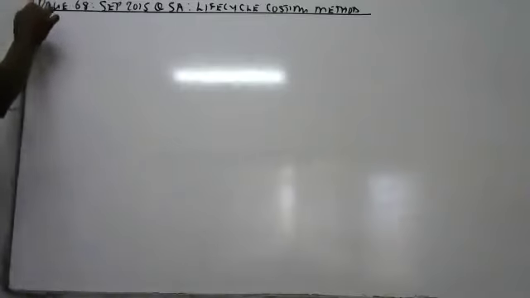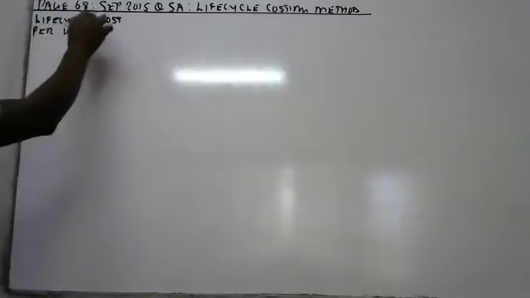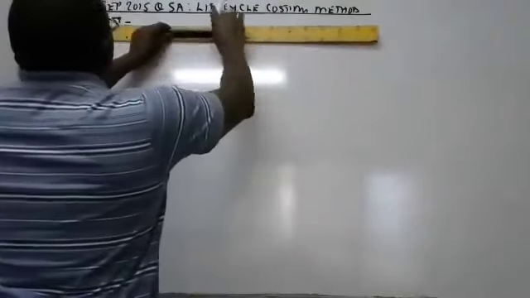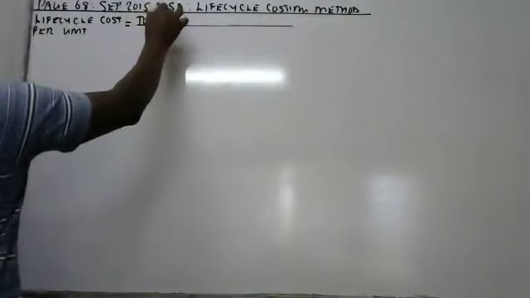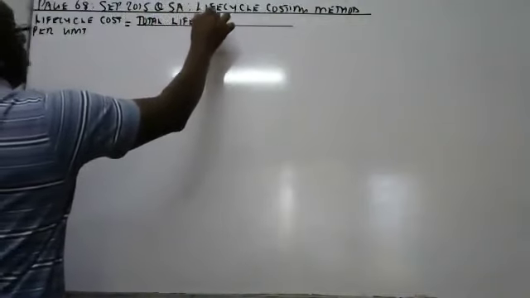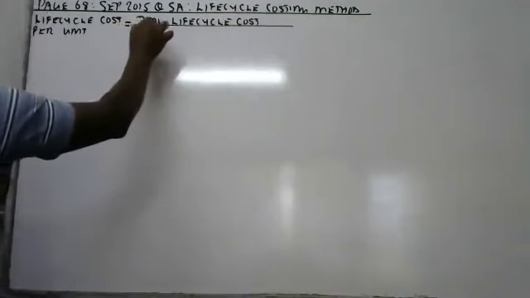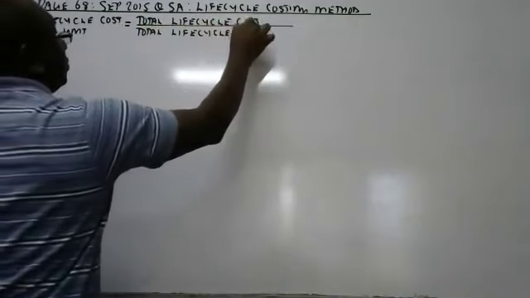So the life cycle costs per unit is equal to total life cycle costs, you divide by total life cycle units.